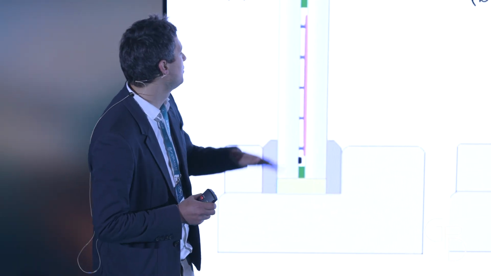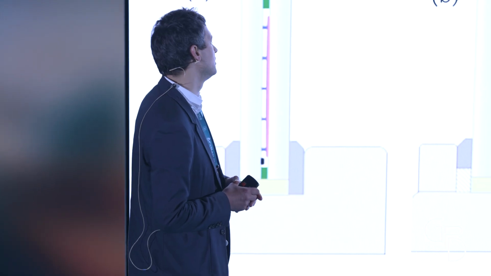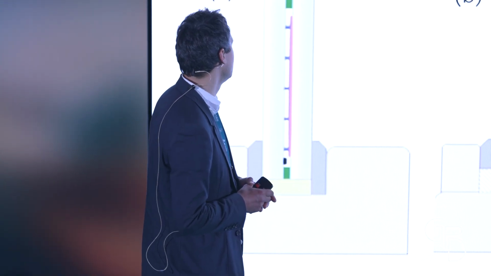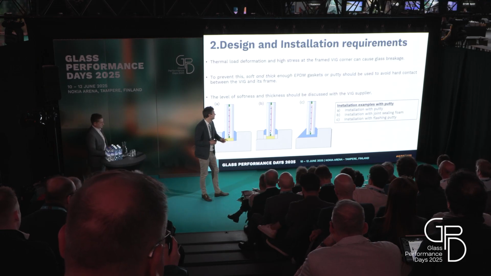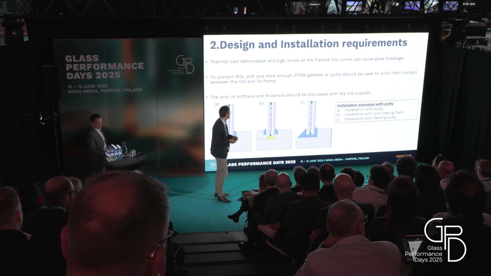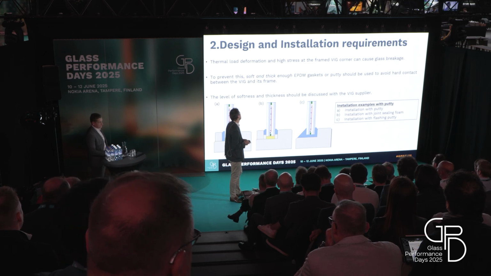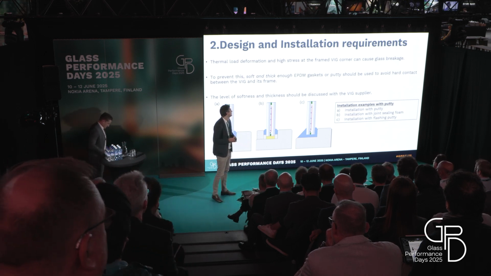So you have some examples here of installation taking into account this soft and thick enough criteria, with PUT, with joint sealing foam, with flashing PUT. You can have many others, but I will detail the soft and thick enough criteria with a concrete example after.